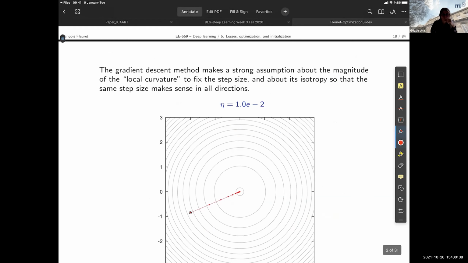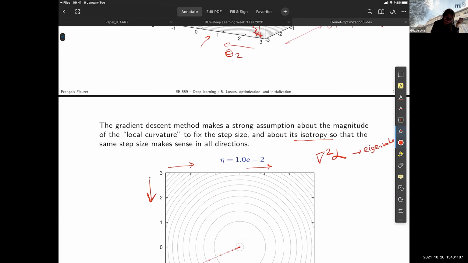Here it makes an assumption about isotropy. That means in all directions we have similar gradient sizes, and we can look at this through, remember, the eigenvalues of the Hessian.